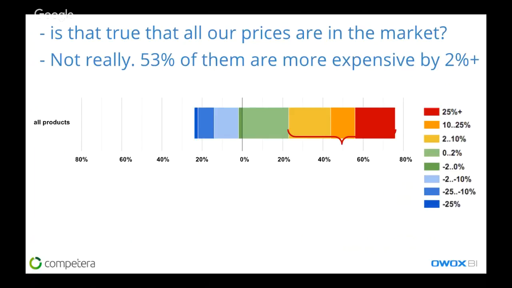And by saying all prices, we mean the whole inventory. This is competitive pricing, like on the graph, you see the competitive pricing position in a snapshot of a real online retailer, and as a result, the answer was not really, unfortunately. 53% of them are more expensive than the market, at least by 2%.